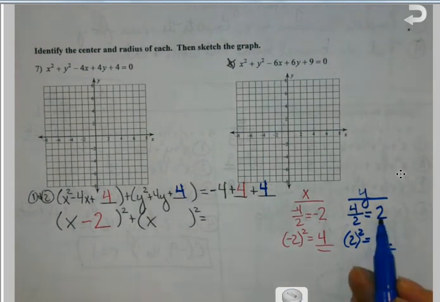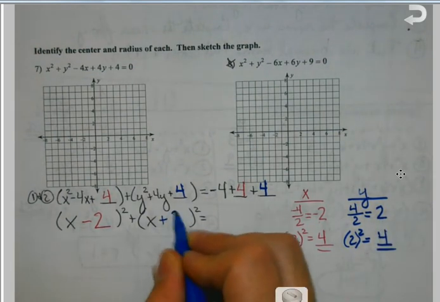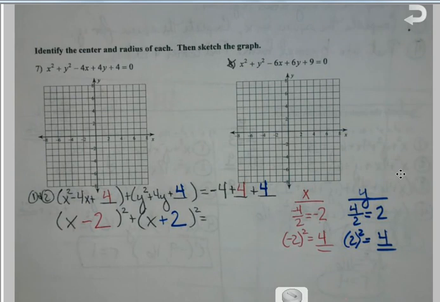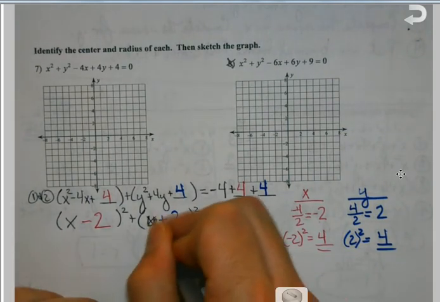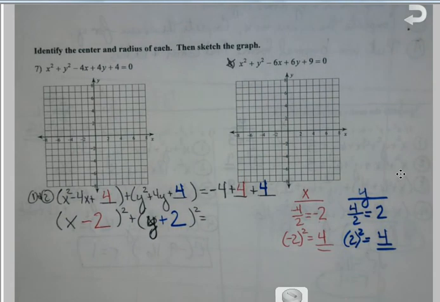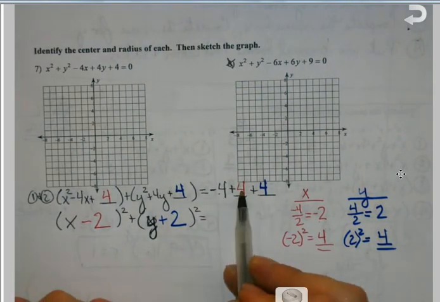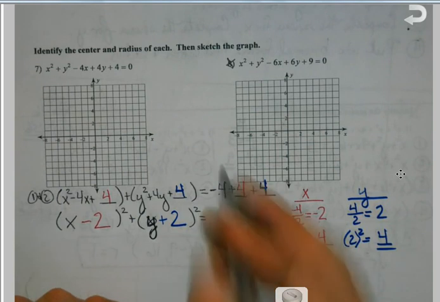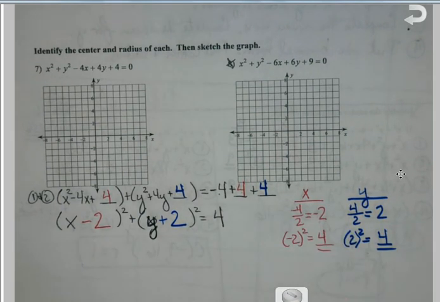Since it's a positive 2 for y, that would be a plus 2. Oh, thank you. You are correct. That would be a y for certain. And then negative 4 plus 4 is 0. Plus 4 gets me to 4. So there's my equation, if I was asked for the equation.